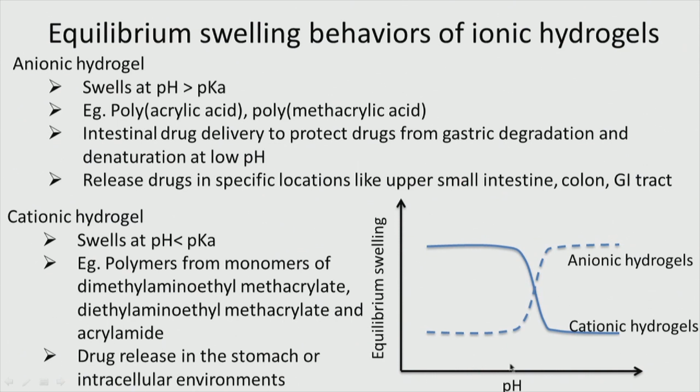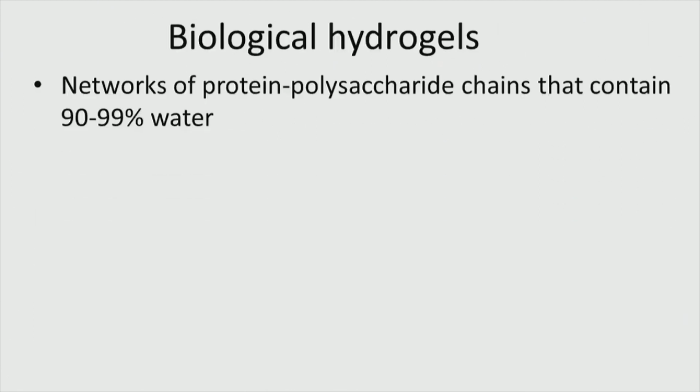That means here in the stomach you want it to be released, and that is at very low pH. So, these cationic hydrogels are very good. Anionic hydrogels are very good if you are talking about the intestine region or colon region. So, depending upon the pH, the anionic hydrogels will release at higher pH and cationic hydrogels will release at lower pH because of the equilibrium swelling.